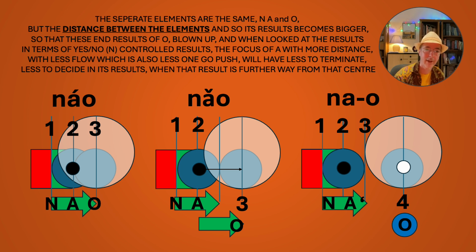So all the separate elements, N, A, and O, in all these three examples are exactly the same, but only because of the distance between these elements, the distance between these results also becomes bigger.